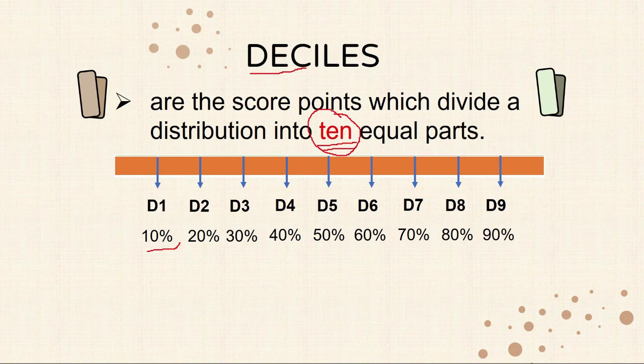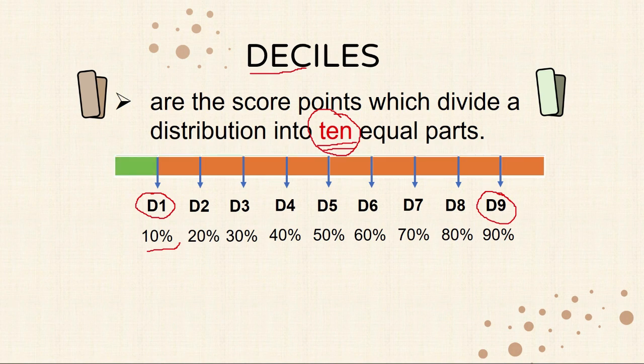The lowest score is located in the first decile, while the highest score is located in the ninth decile. It can be denoted by D1, D2, D3, D4, D5, D6, D7, D8, and D9.